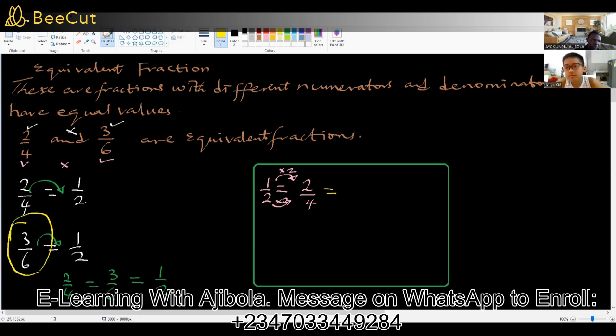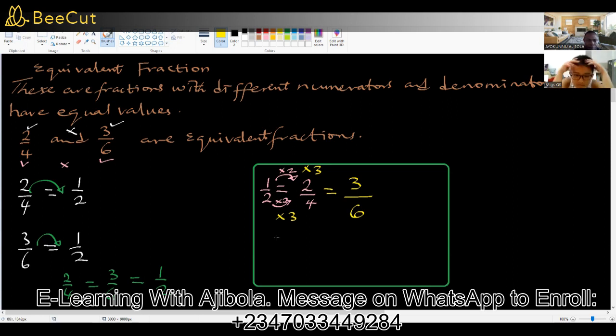Then how can we get to this one? Look here, Miggy, don't mute yourself. How can we get to this one from 1 over 2? I'm going to say 1 times 3 is 3, okay? And 2 times 3 is what? 6.